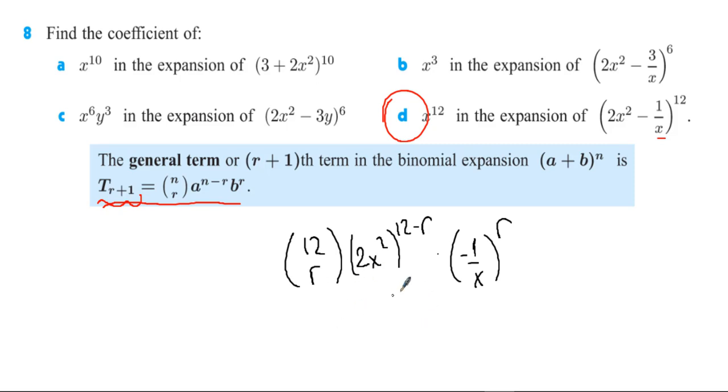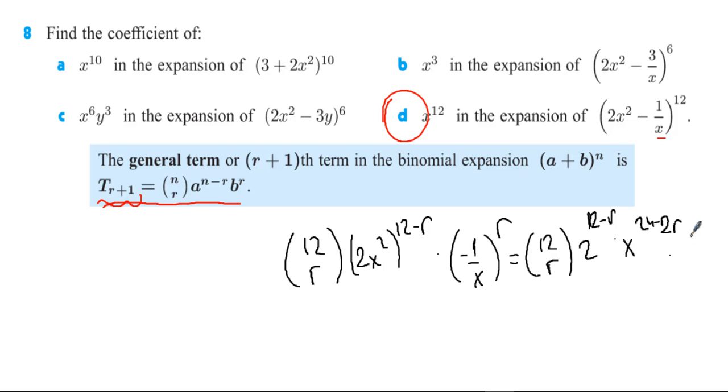If I just simplify it, the first one is not important for me. I will just do this one to the power 12 minus r times x to the power 24 minus 2r. I'm just opening the brackets.